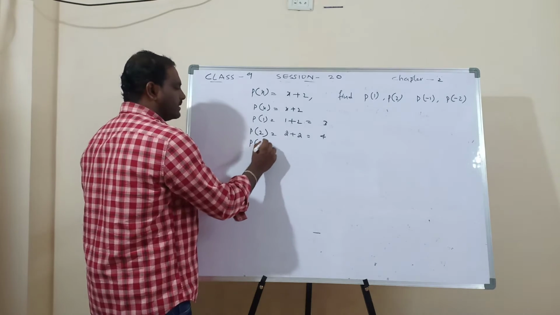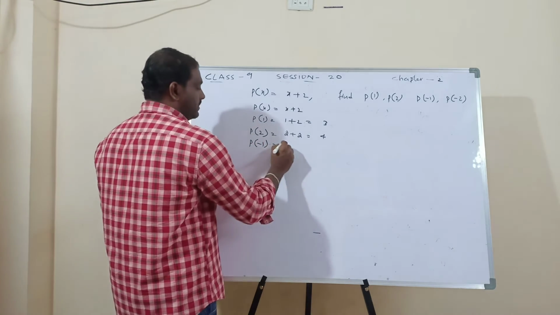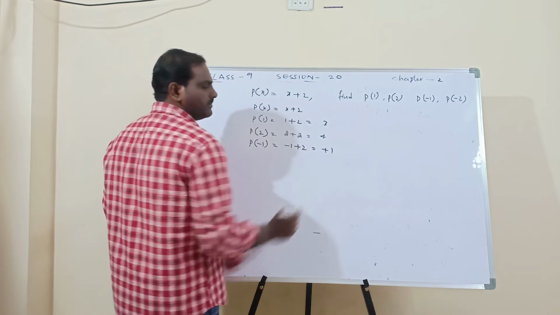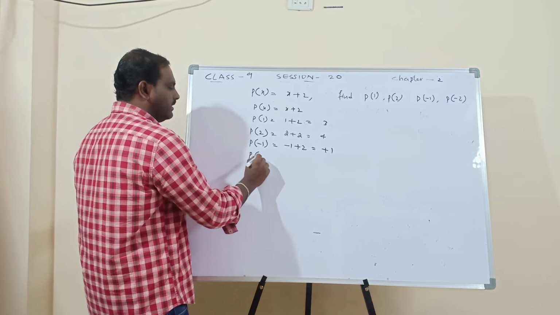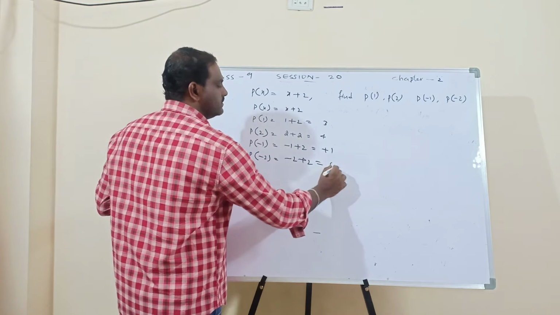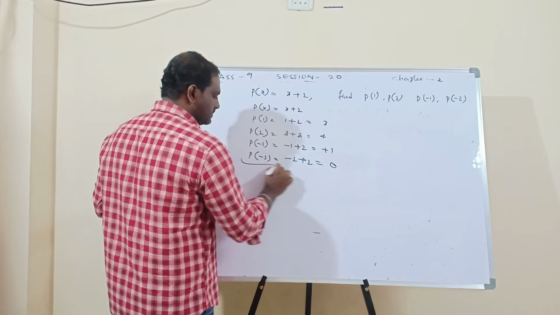Next, look at this. p of minus 1. What is p of minus 1? Minus 1 plus 2. You know what is the answer? It is plus 1. And lastly, p of minus 2 is equal to minus 2 plus 2. What is the value? 0. Yes.